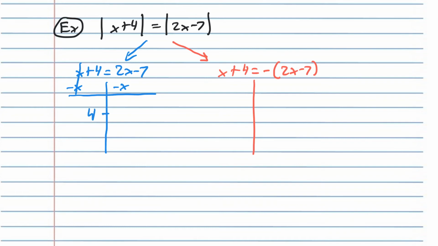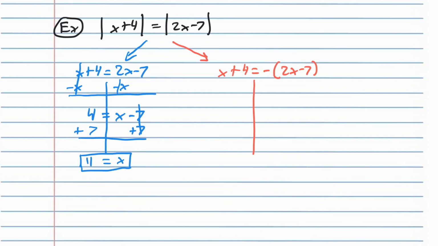We get 4. On the right side, 2x minus 1x. There's always that invisible 1, so 2 minus 1 is 1, or just x. We still have minus 7. Now we can get rid of that negative 7, because the goal is to get x by itself. It's negative, so we'll add it. So one of our answers is x = 11.